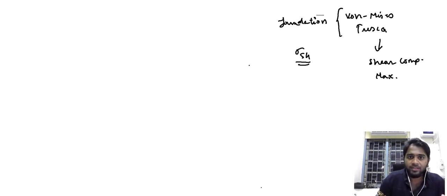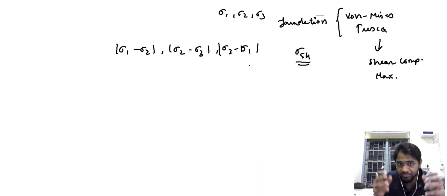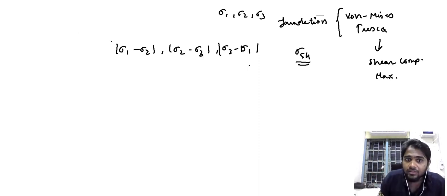Supposing you have introduced stresses of, say, sigma 1, sigma 2 and sigma 3, the maximum shear component is given by the differences between these, that is sigma 1 minus sigma 2, sigma 2 minus sigma 3 and sigma 3 minus sigma 1. Of these pairwise combinations of the different stresses that we have imposed, the Tresca criterion considers which one is the maximum.